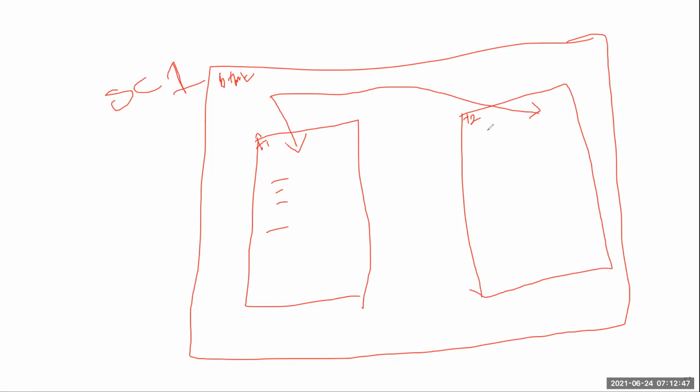Now I have to perform some operations on frame 2. Since frame 1 and frame 2 are independent, they are not related to each other. Frame 2 is not inside frame 1, so there is no relation between them. So now if you want to move from frame 1 to frame 2, you cannot directly go into frame 2. You have to go into the HTML page, and from the HTML page again you have to go to frame 2.